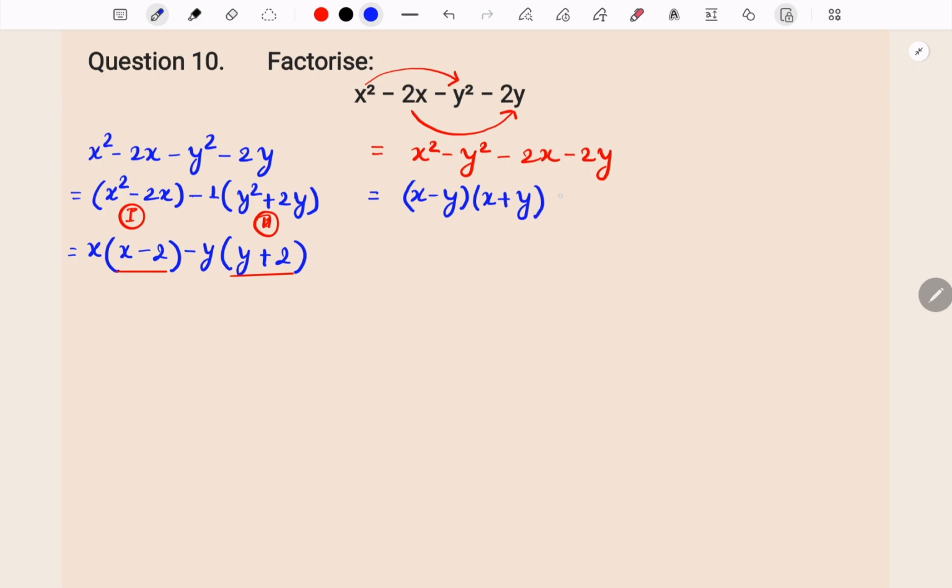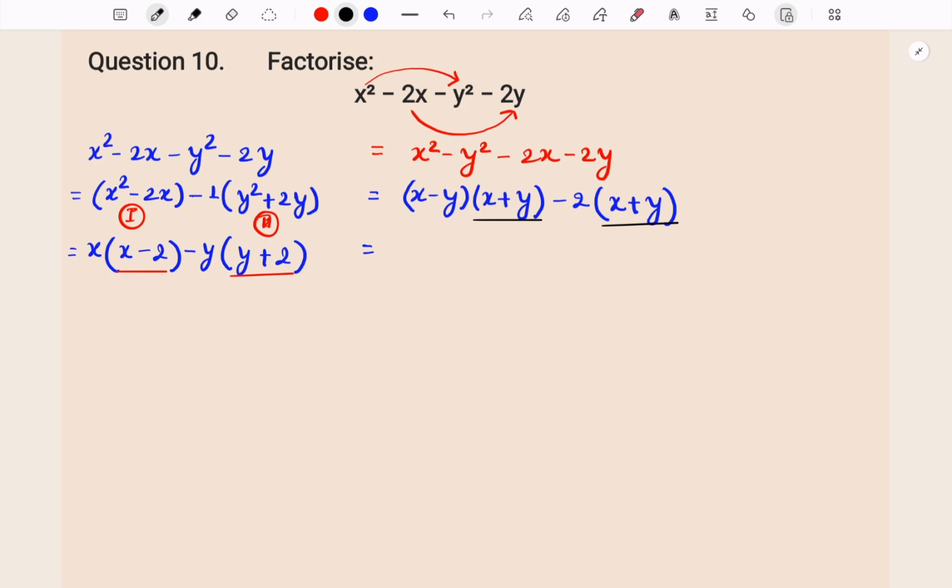And now here I can factor out negative 2. If I factor out negative 2, I will have x plus y. Now look carefully. Here we have x plus y and here we also have x plus y. So we solved the problems that we were having before.